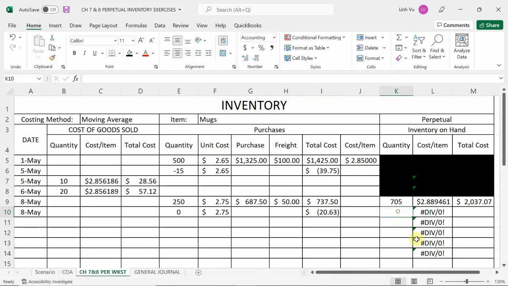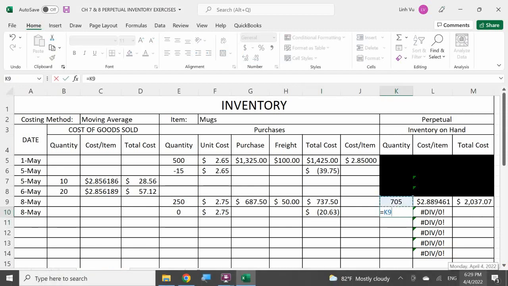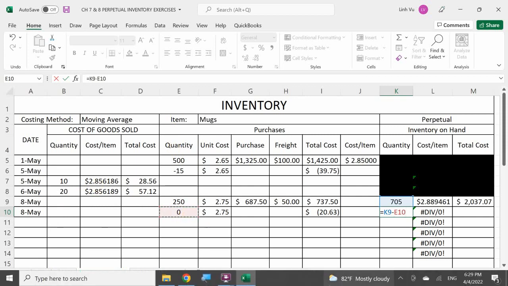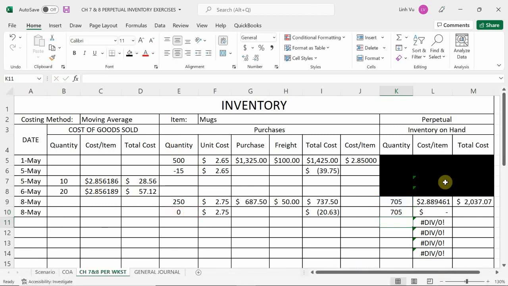So in this case, I didn't end up decreasing my items in quantity because I didn't return anything. However, I did get a discount, and that total amount was $20.63.